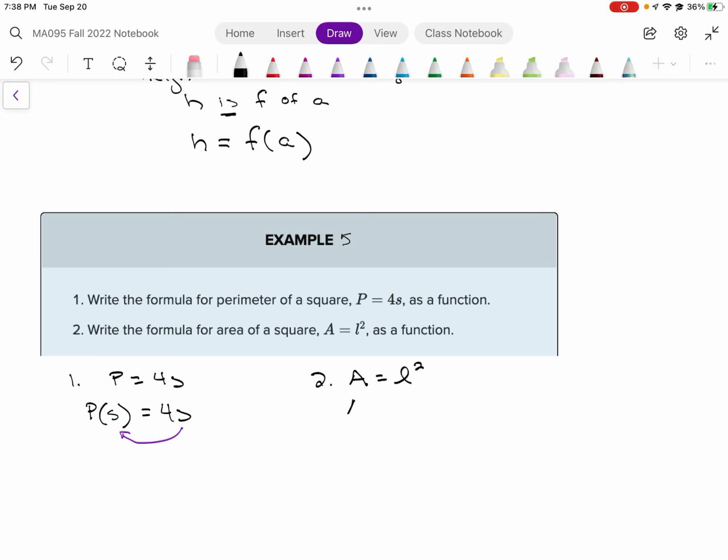All right, so A with respect to L equals L squared. The area with respect to the length equals L squared. Another way to say it is area as a function of the length is L squared. And number one, perimeter as a function of the side S is 4s.